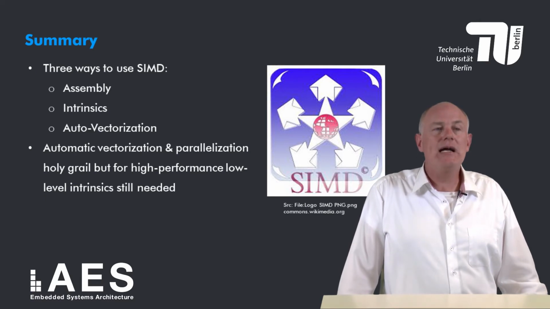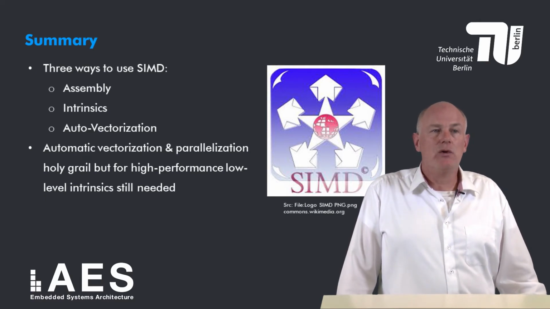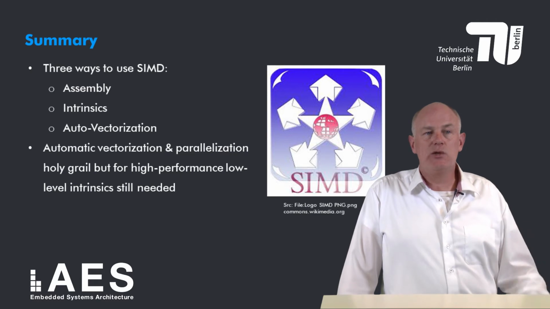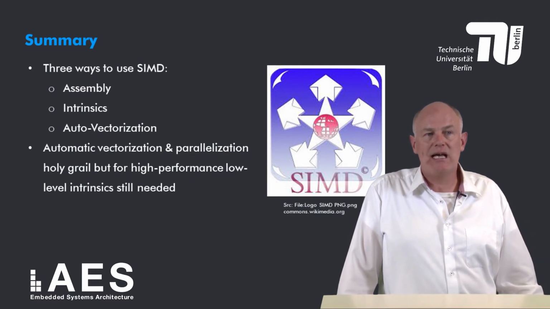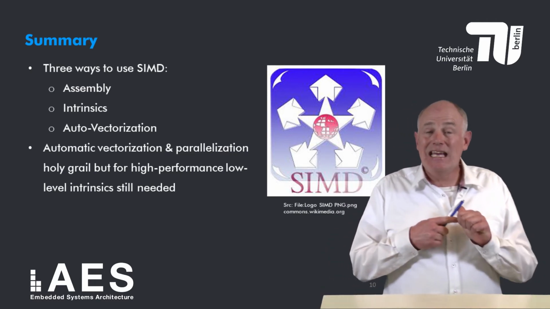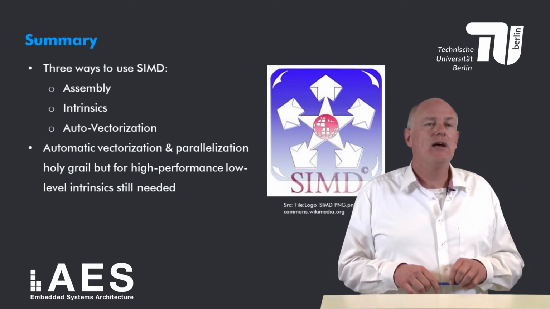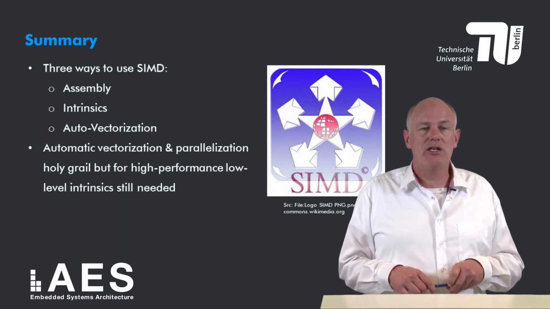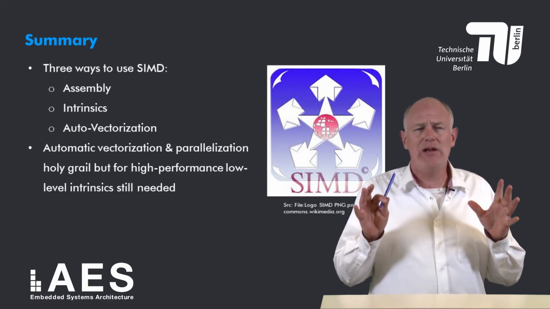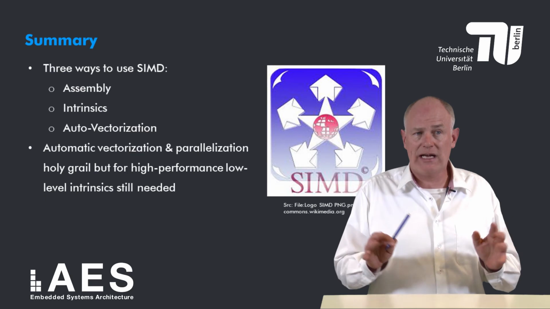And to summarize this module, there are three ways to exploit SIMD. The first is using inline assembly, which requires you to fully understand all the assembly instructions and is therefore very error prone and not recommended.